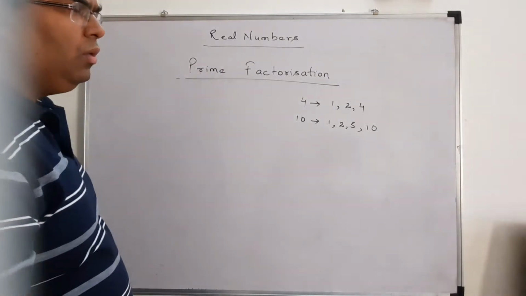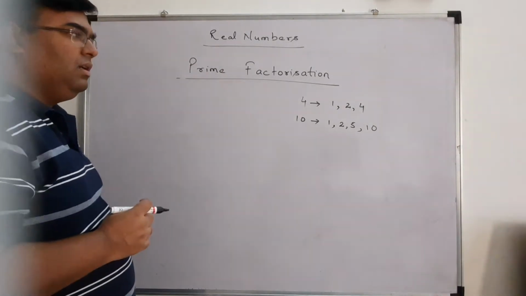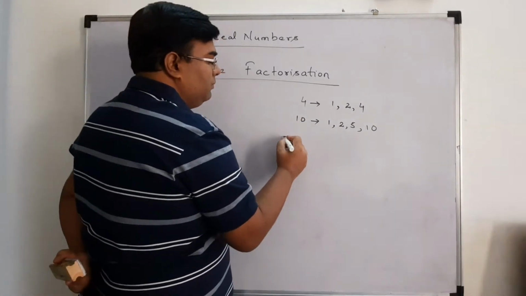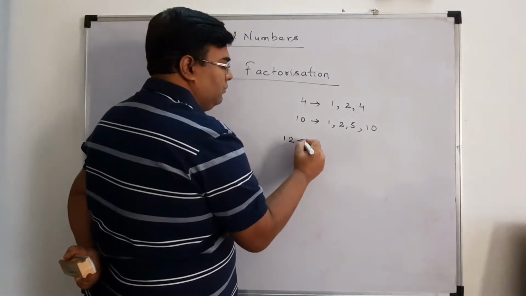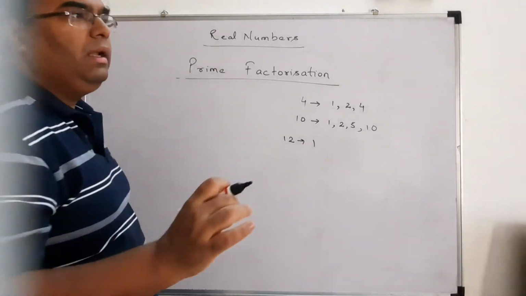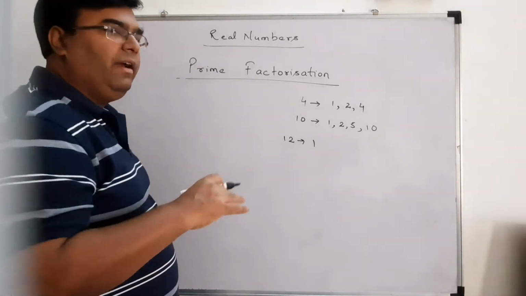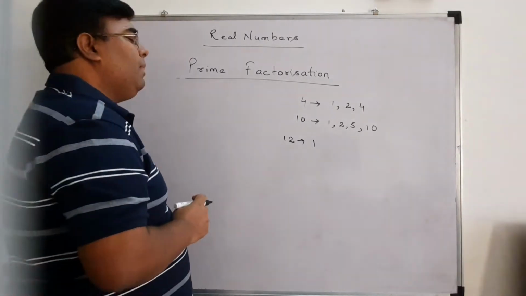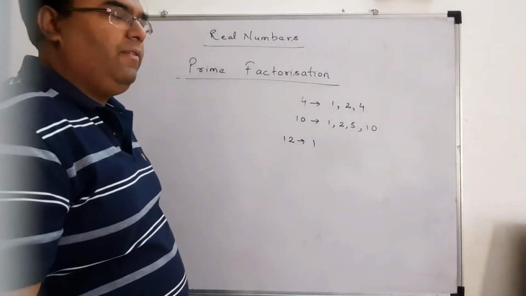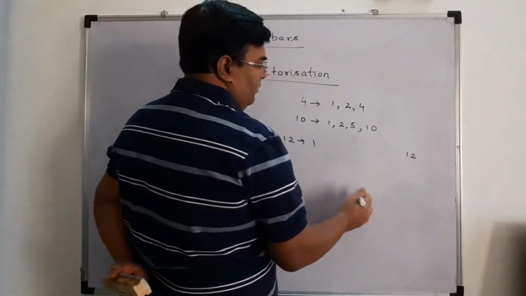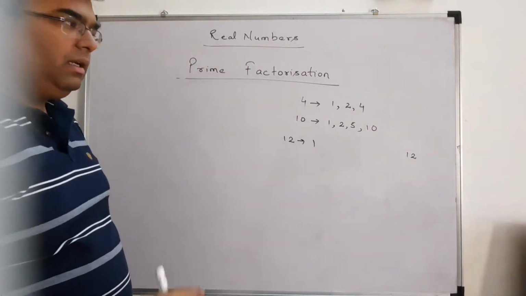Right? If you want to know what factors are there, the basic rule is what? Write that number, write 1. 1 is a factor of all the numbers. Right? 1 can divide all the numbers. So 1 is my first factor, and write the number 12 as it is in the last.